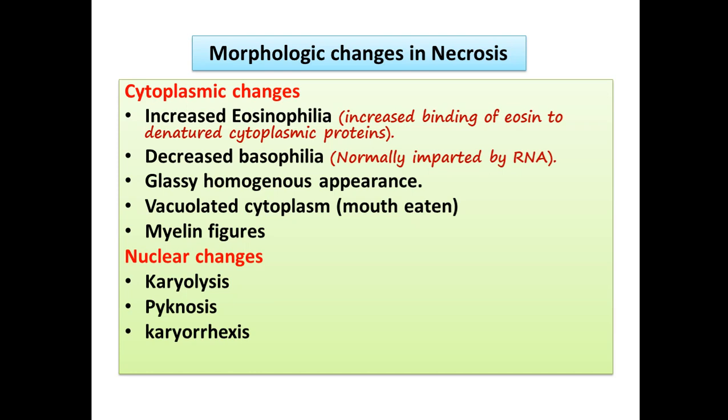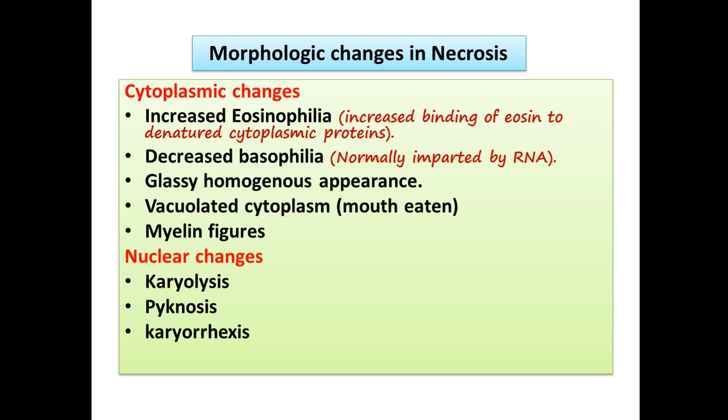As a result, the cytoplasm will appear as a homogeneous glassy mass, and mostly the cytoplasm is vacuolated and appears moth-eaten. The myelin figures are derived from the membranes of the organelles and plasma membrane, and these are actually whorled masses of membrane-derived phospholipids along with calcium.